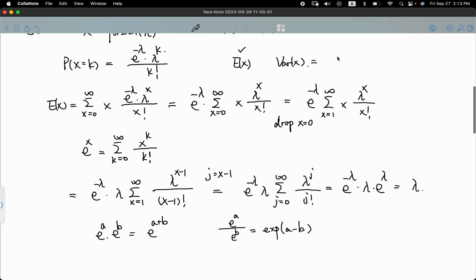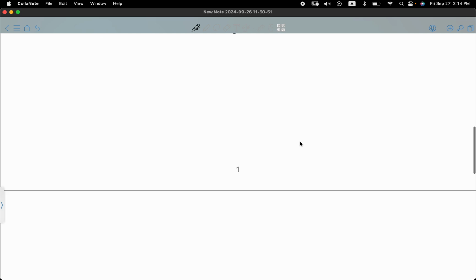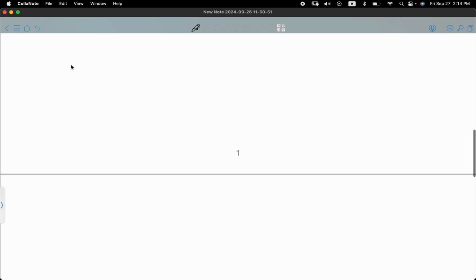Next, we're going to calculate the variance, and then we are going to use the formula for E of X squared minus E of X squared. So we already have this calculated, then we just need to evaluate the second moment here. Okay, so now let's evaluate the second moment.